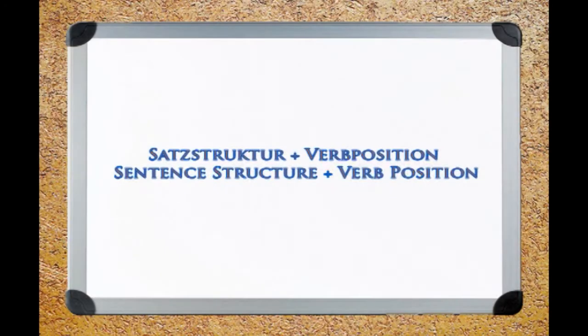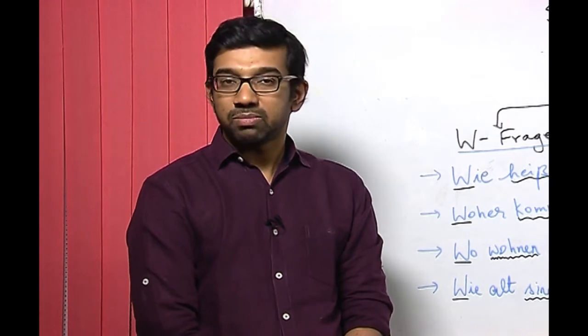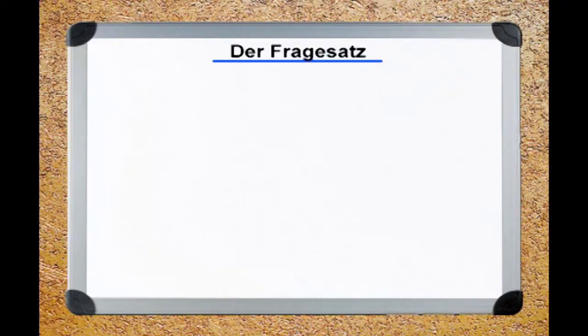Now, let us look at another important aspect of the sentence structure and verb position in the German language. We learned that the verb is in the second position in a statement in German. Now, let us look at the position of the verbs in the question. In German, we have a concept called the Fragesatz, which basically means questions.